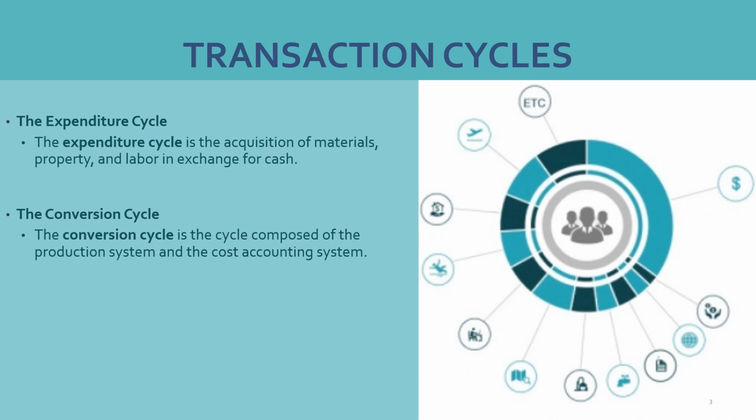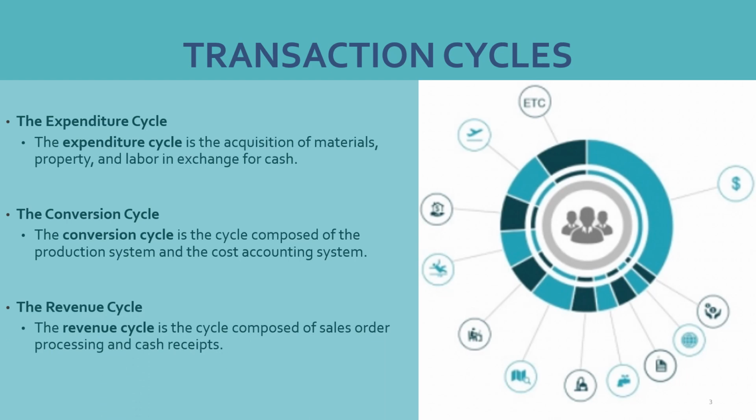And then the cost accounting system, a subsystem concerned with allocating the cost of production to the finished goods. We will discuss that in separate chapters later on.